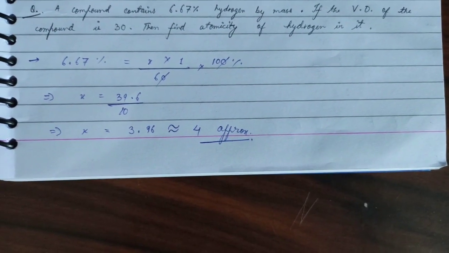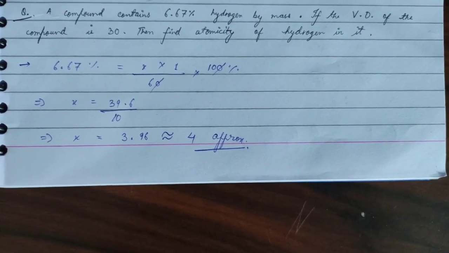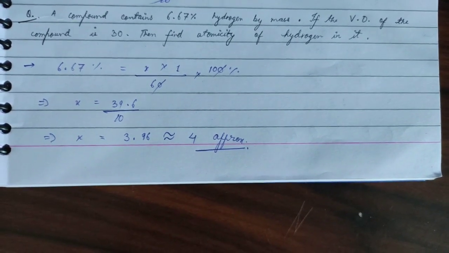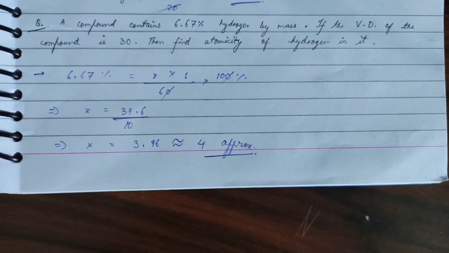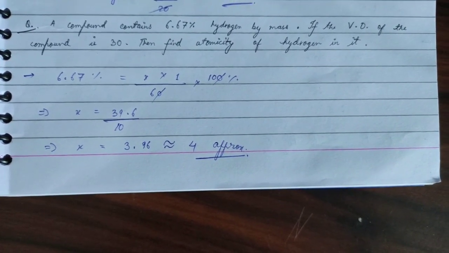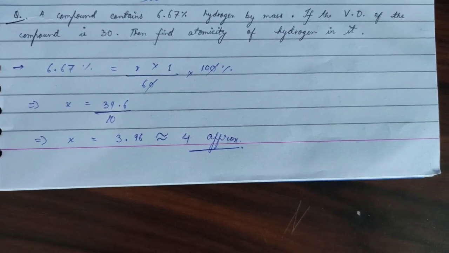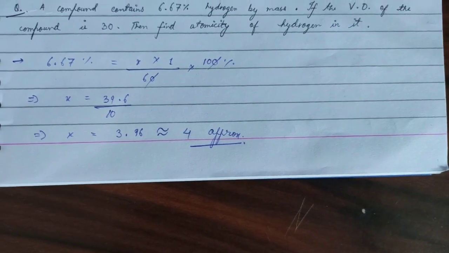A compound contains 6.67% hydrogen by mass. If vapor density of the substance is 30, then find the atomicity of hydrogen in it. So what does the formula say? Mass percentage of element in a compound is equal to atomicity multiplied by atomic mass divided by molecular mass into 100%.